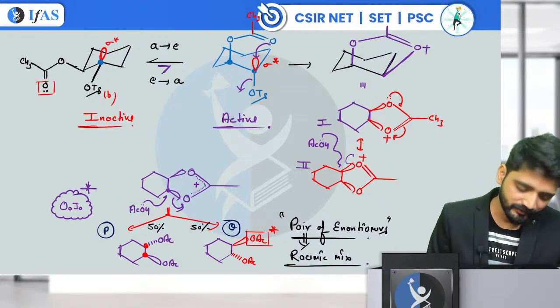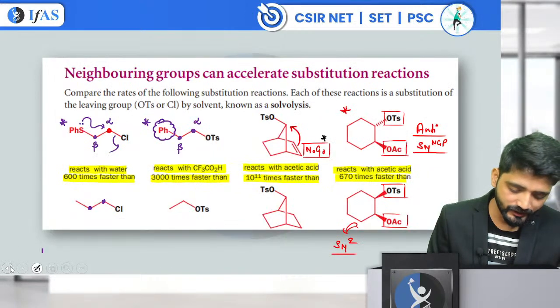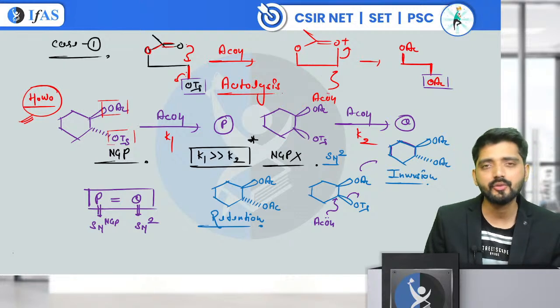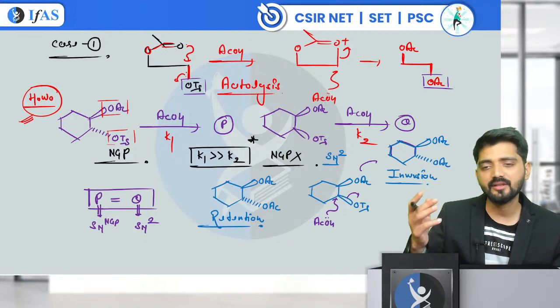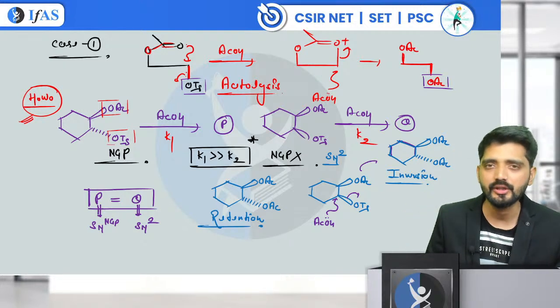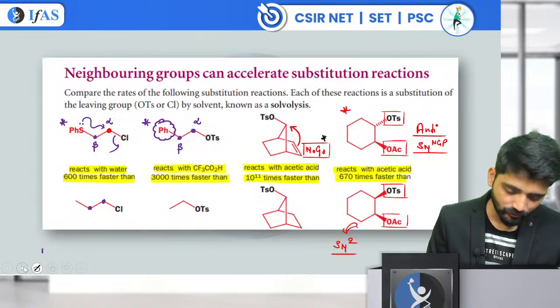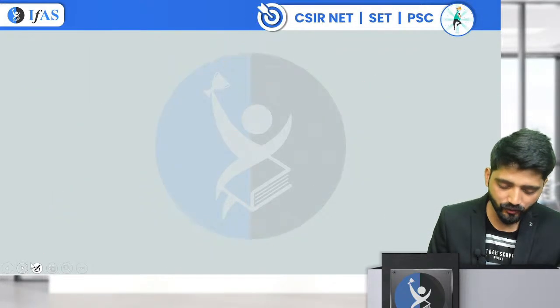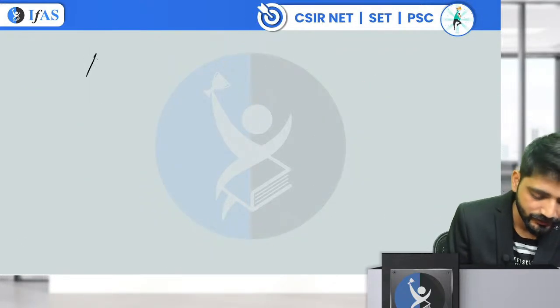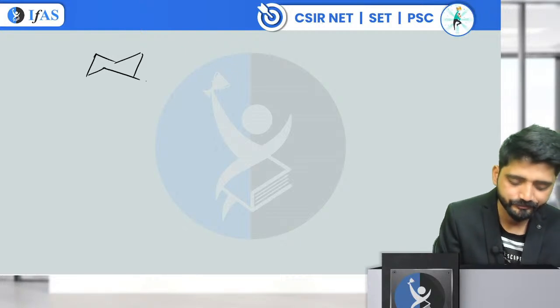So this was the first scenario where we have an OTs and an OAc group anti to each other. Now what happens if we have both syn to each other? So again we will be drawing a chair form in order to get the concept. Let's suppose we have a chair form present here.